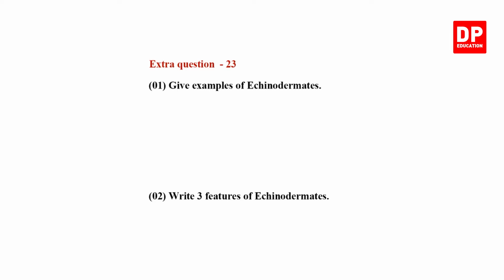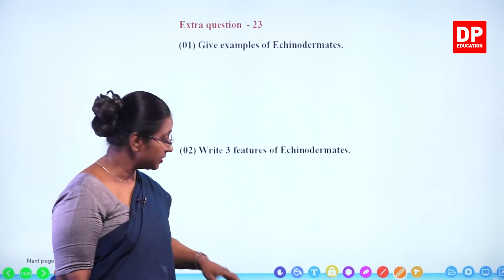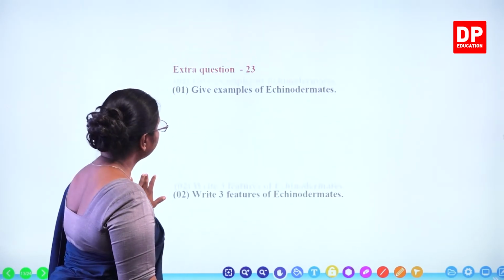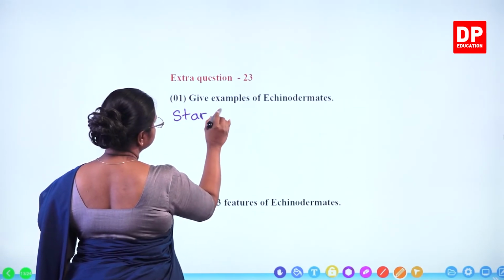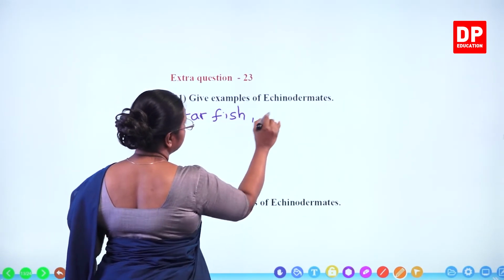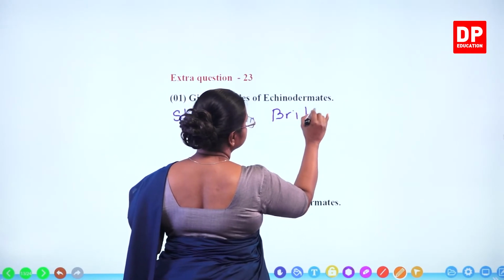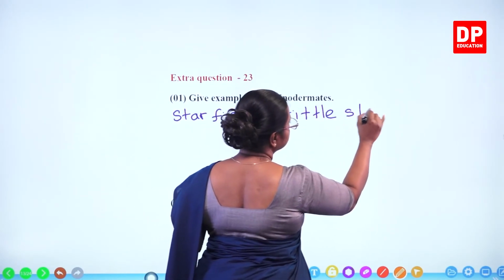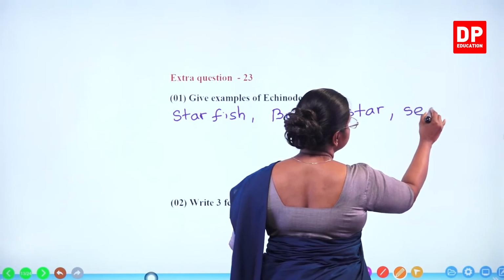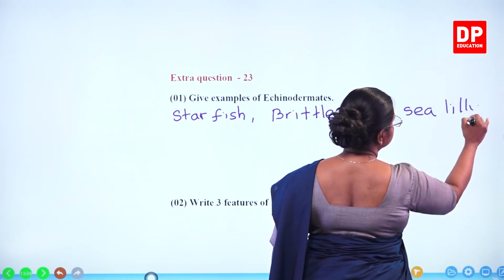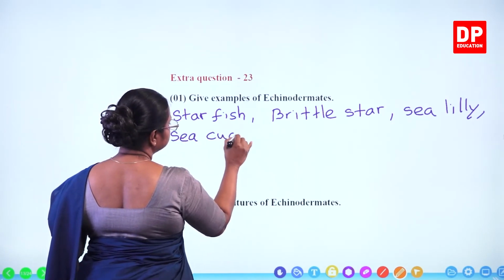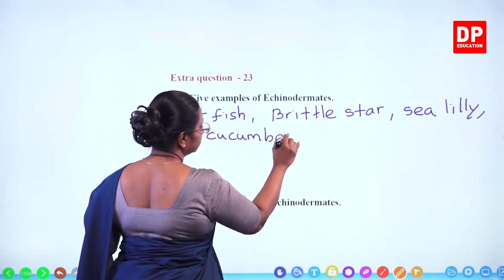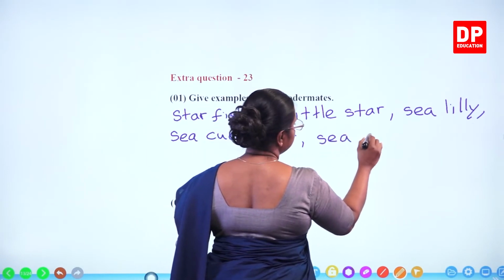Extra question 23. Give examples of echinoderms. Examples of echinoderms. You can remember, students. Starfish, brittle star, sea lily, sea cucumber, sea urchin.